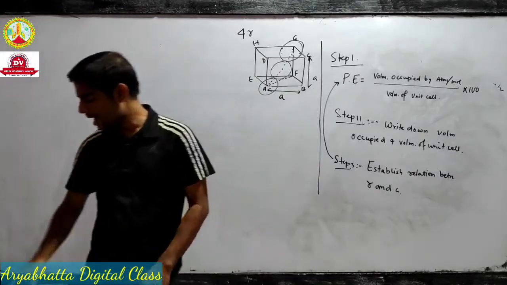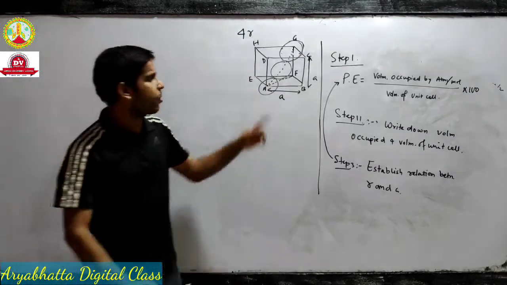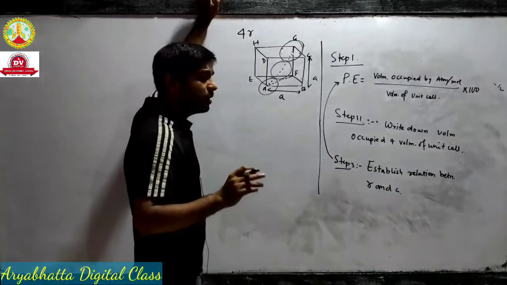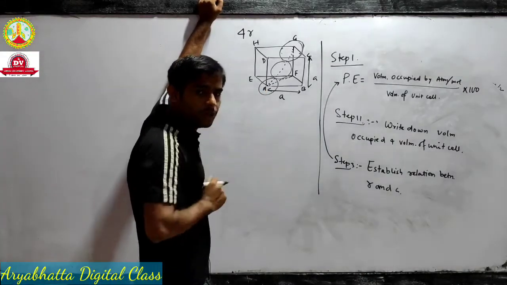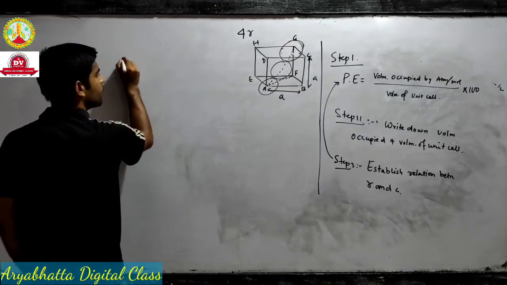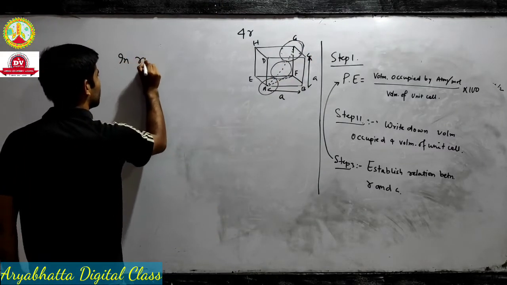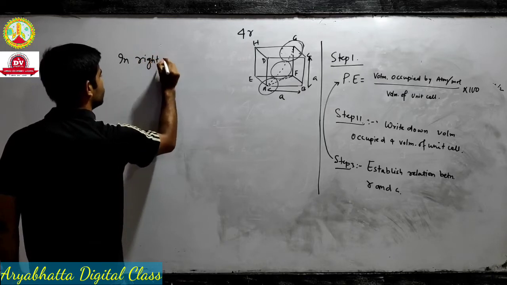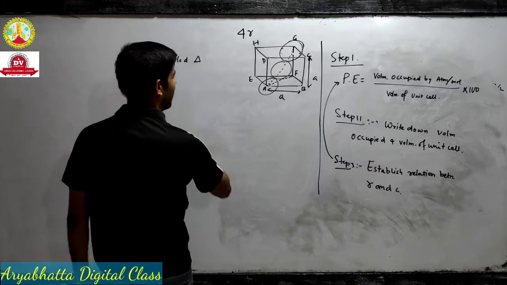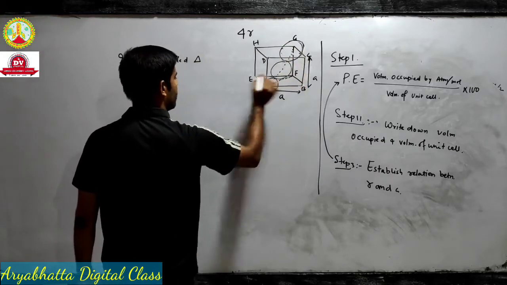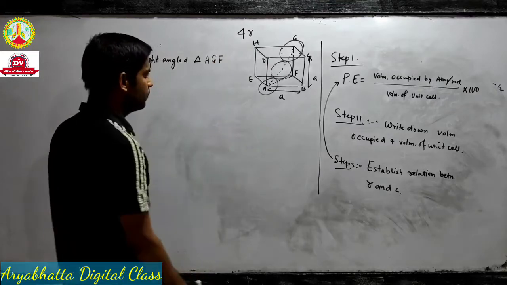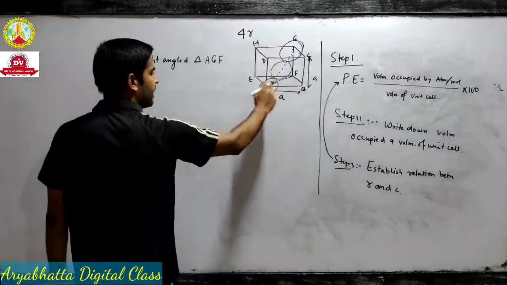Since I got this length to be 4R, now I will apply the Pythagoras theorem in the right-angled triangle AGF.